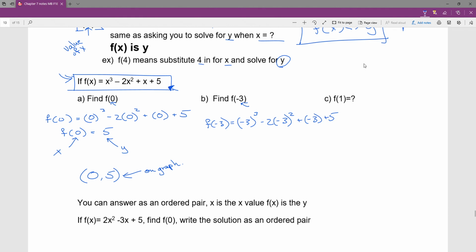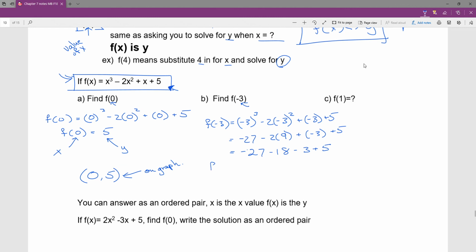Subbing in with brackets is key. In this one, taking my time to do the exponents first. Then the multiplication. And finishing it up with the addition and subtraction.